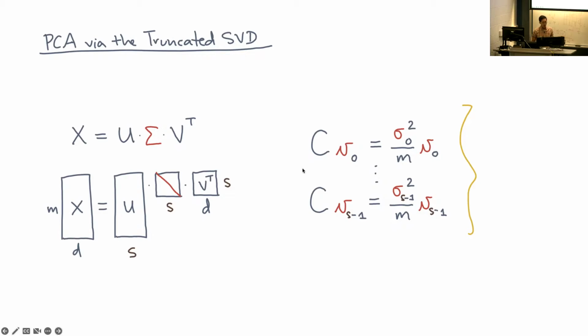Okay, so what is this saying? We've just said, if you give me the SVD of X, then I can write down a bunch of solutions to the eigen problem that I'm trying to solve. And those solutions are, you just take the right singular vectors. Each one of those is a candidate axis, and then the eigenvalues are just formed from the singular values, squared and then divided by m.